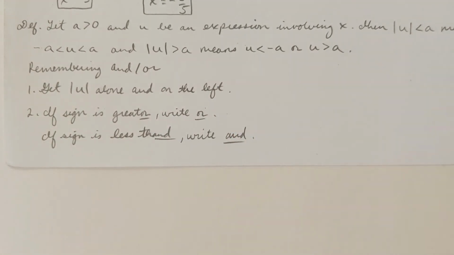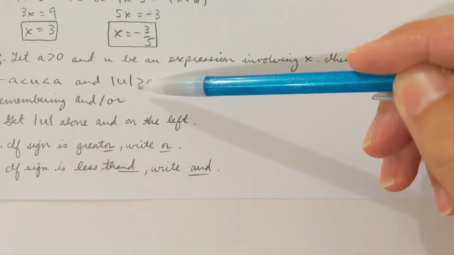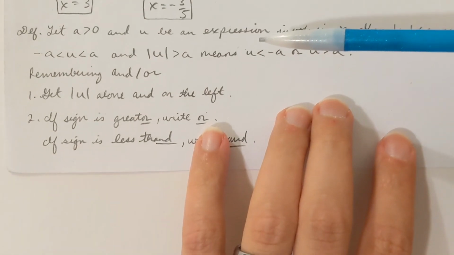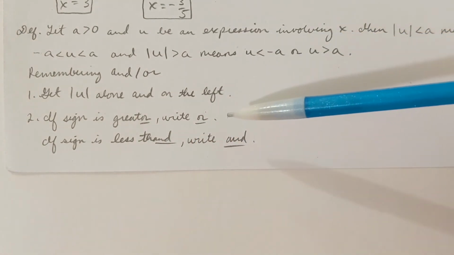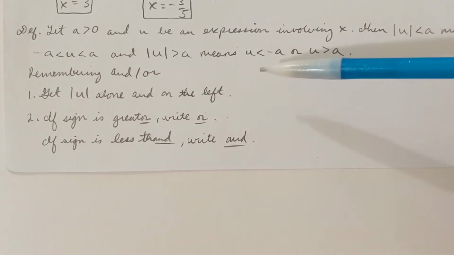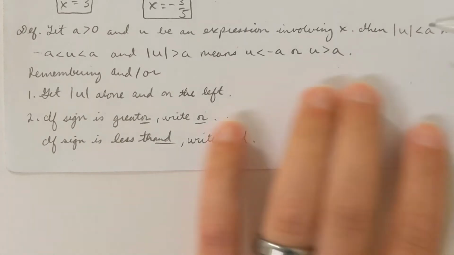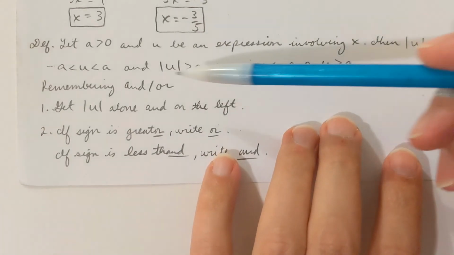Here's one way that I like to remember this, the "and" versus "or" business. Step 1, you need to get the absolute value of u alone and on the left. Here's the absolute value of u, and the absolute value of u. In step 2, if the sign is greater than, write "or." If the sign is less than, write "and."